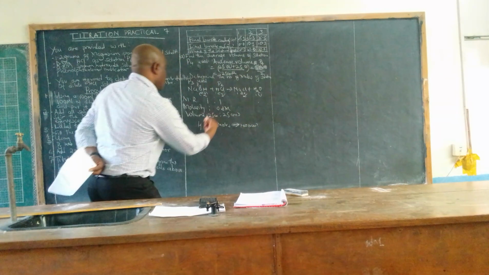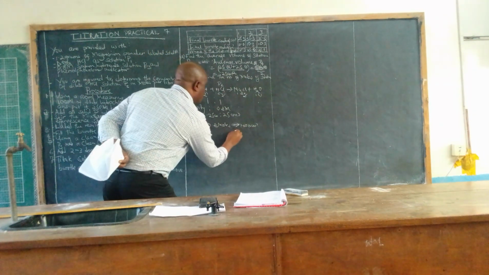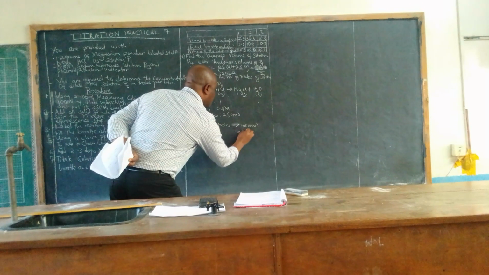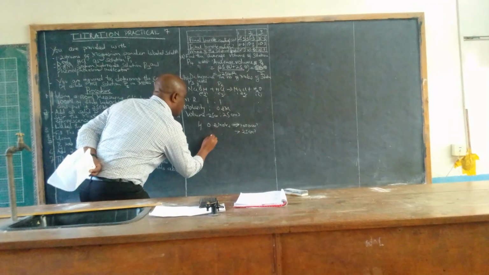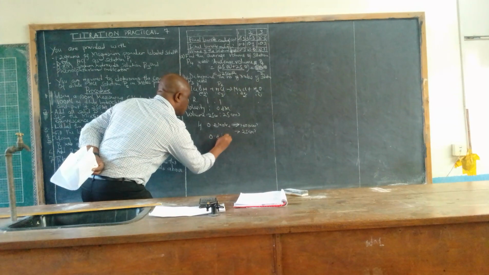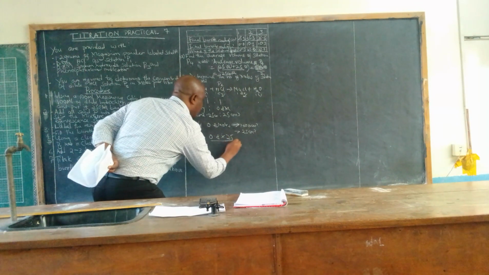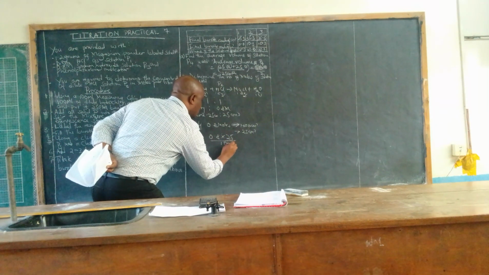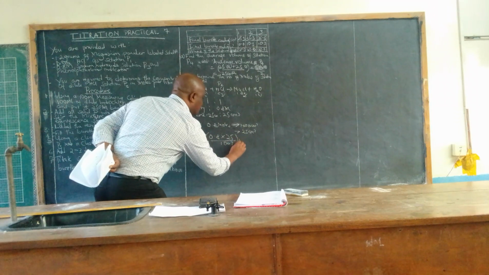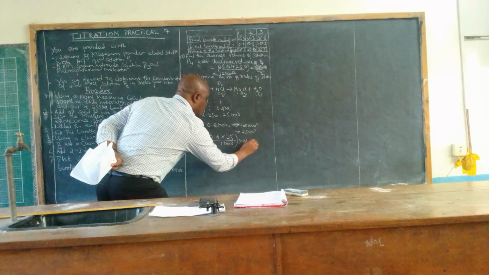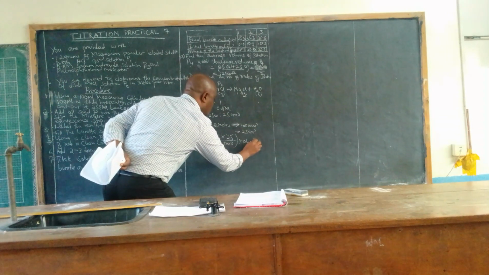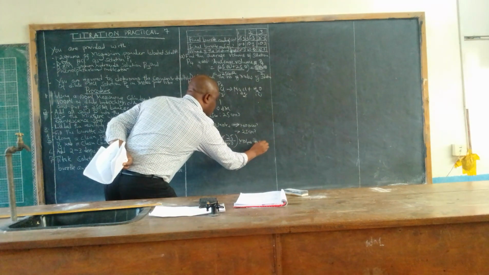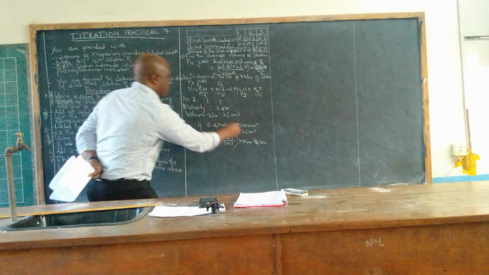So we are just going to say, what about in 25 cubic centimeters. So we are going to cross multiply here, give you 0.8 times 25 over 1,000. 1,000 cubic centimeters. All these are number of moles in the number of moles of HCl, which is P4.